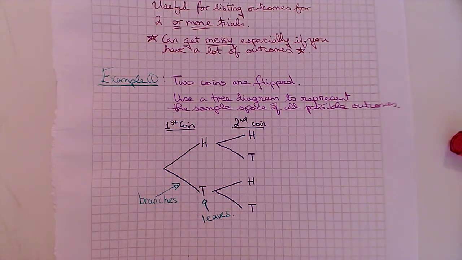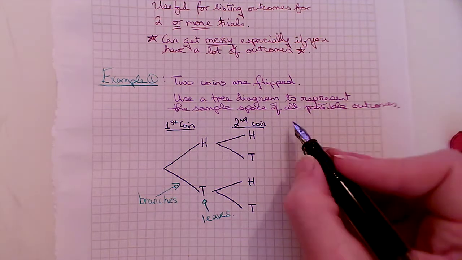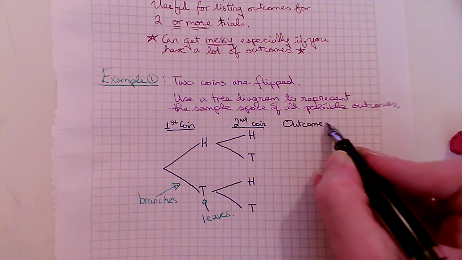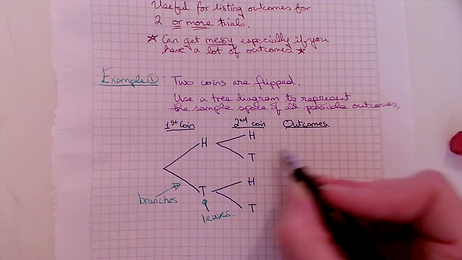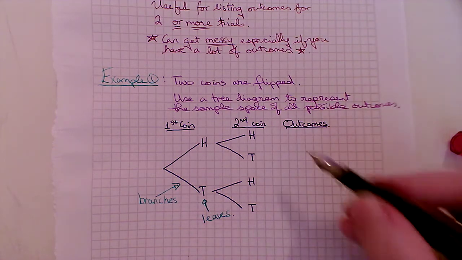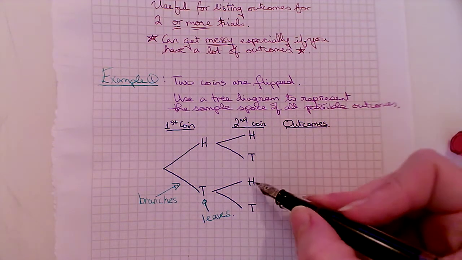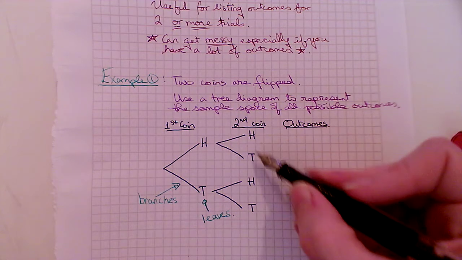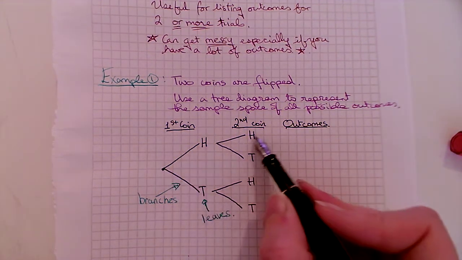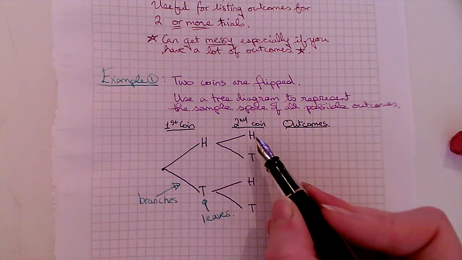Now, a tree diagram is not finished until we write down our list of outcomes. There are 1, 2, 3, 4 separate outcomes. If you just look at the end point of each of those, it looks like there's only heads and tails. So we have to go back along our tree to see, how did I get to this heads?